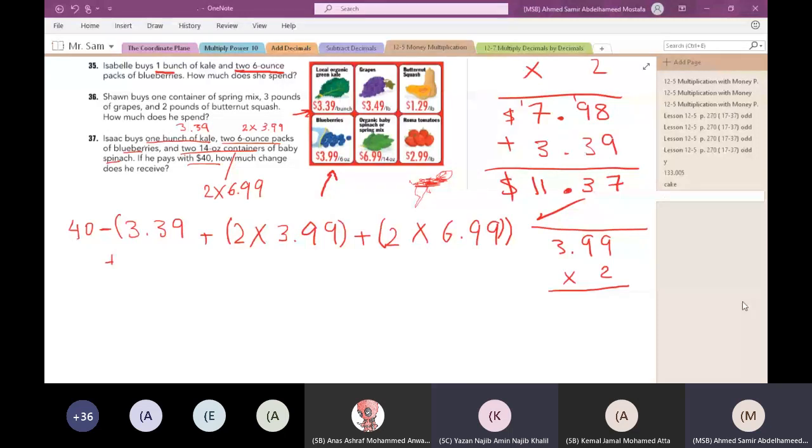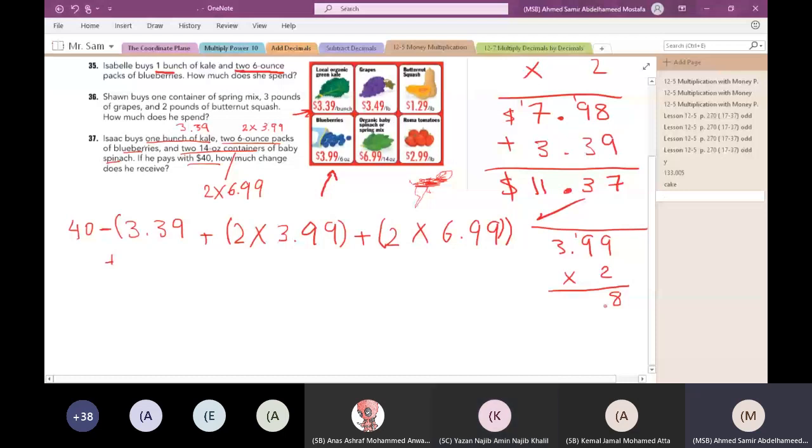So we have here 2 times 9. 2 times 9 is 18. 8 down and 1 up. Then 9 times 2 is also 18, plus 1, 19.